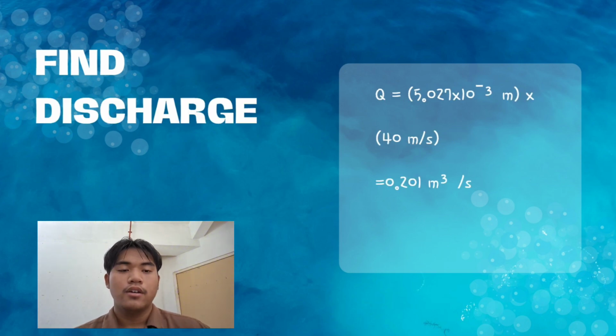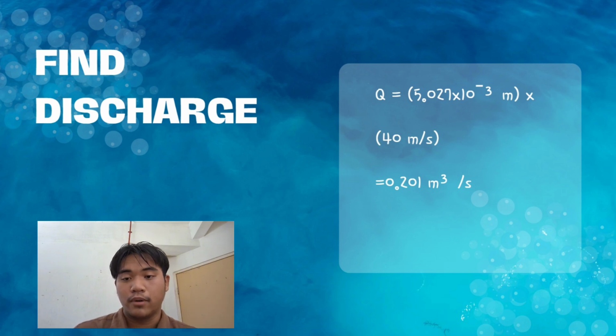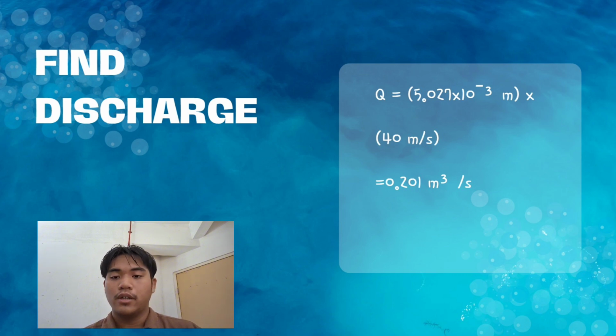Alright, next we need to find the discharge, and we will use the formula Q equals A V, and we already got all the numbers we need. The only thing we need to do right now is substitute all the numbers into the formula.